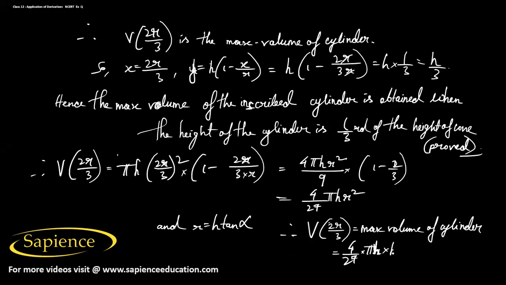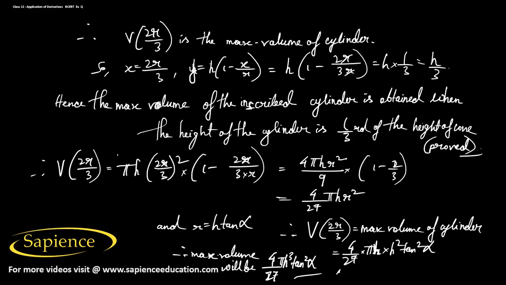So r square will be h square tan square alpha. So therefore, the maximum volume of the cylinder will be 4 by 27 pi h cube tan square alpha. Okay. So this is the answer.